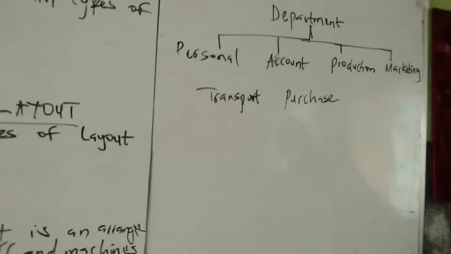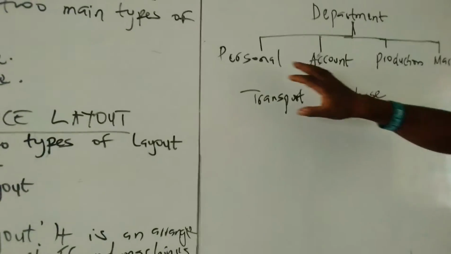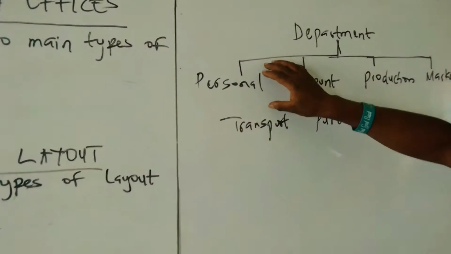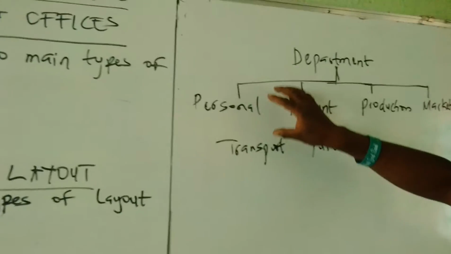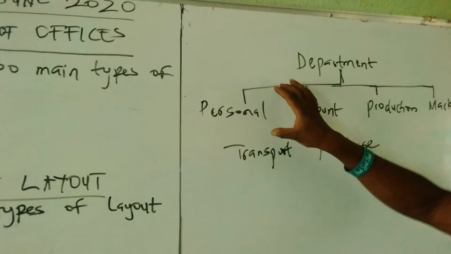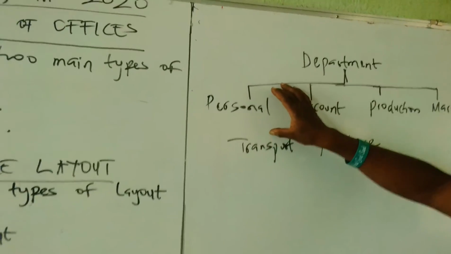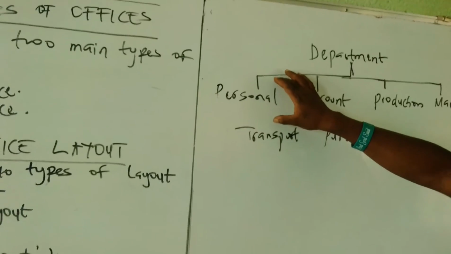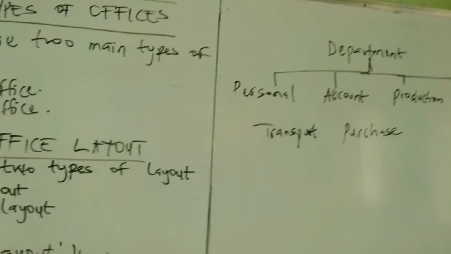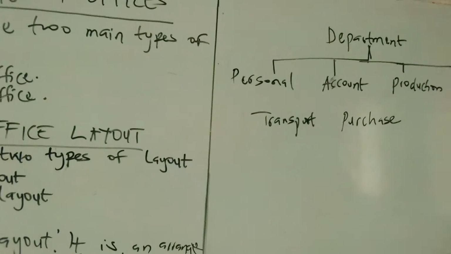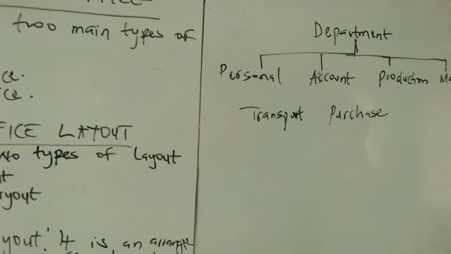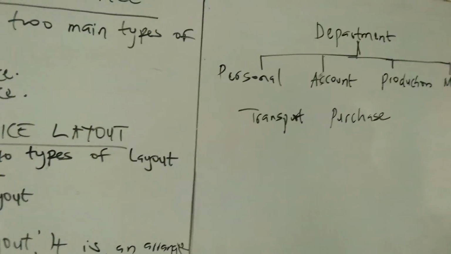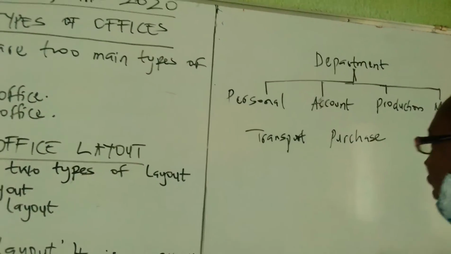Now, in each of the departments, let's take the personnel department. In an organization, the personnel department is responsible for recruiting and training of staff. In that department, you will have the office of the personnel manager and all other offices under the personnel manager.